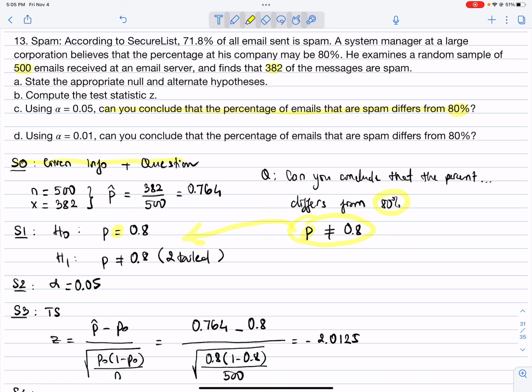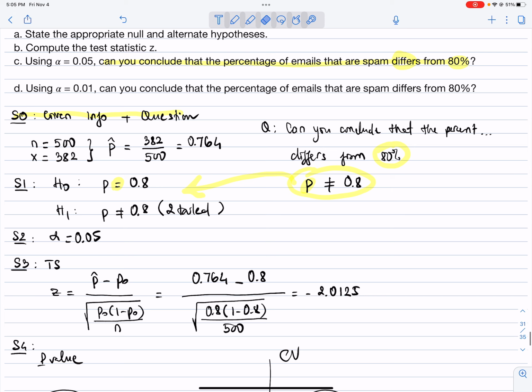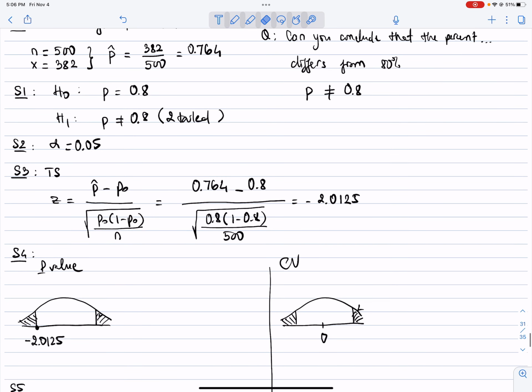Opposite to the equal sign, the alternative is more, less, or not equal. In this case, we use not equal because the problem mentioned differs, and we will use two-tailed. Differing from 0.8 can be more or less, so it can be on the right side or the left side. So we use two-tailed.